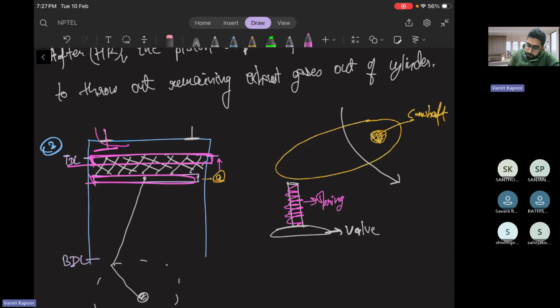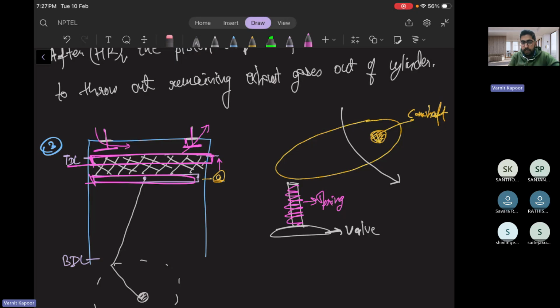The fresh air fuel mixture is also entering, and the exhaust valve was initially open. You are saying that it will close when it reaches here. So exhaust is also happening at the same time, because of which suction is yet to happen when it reaches the TDC. Suction is still yet to happen from TDC to BDC in the next process.